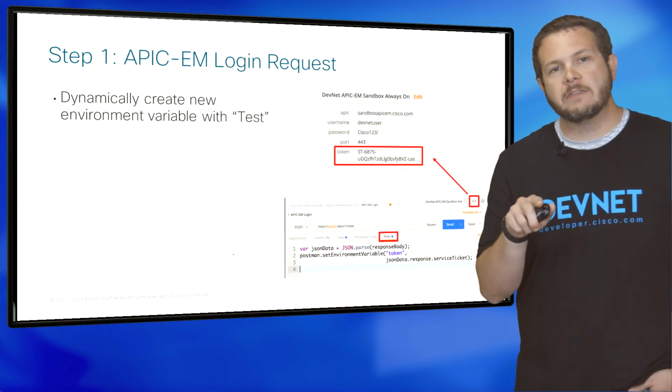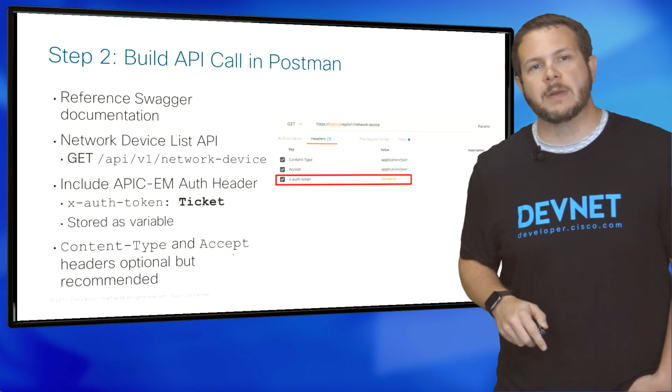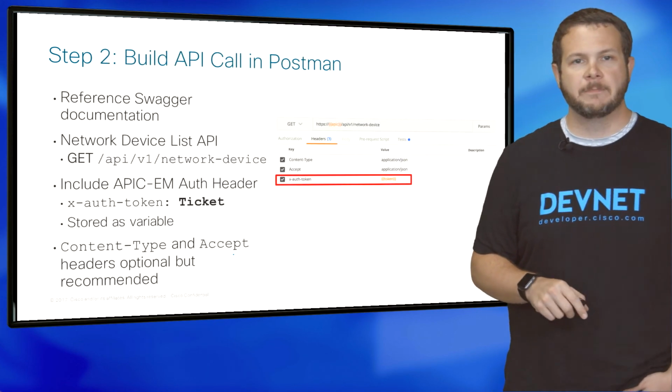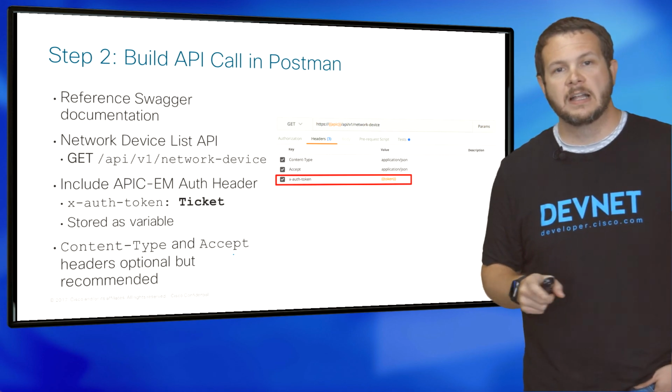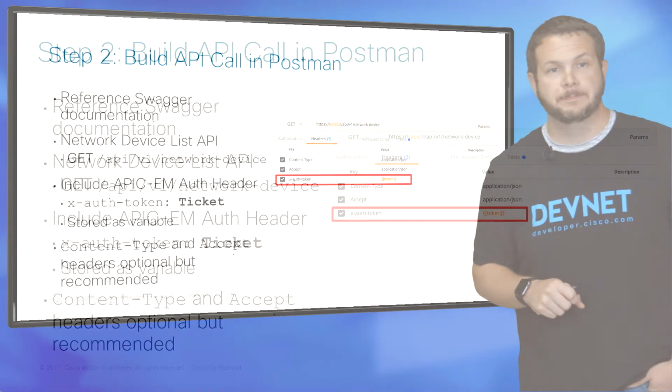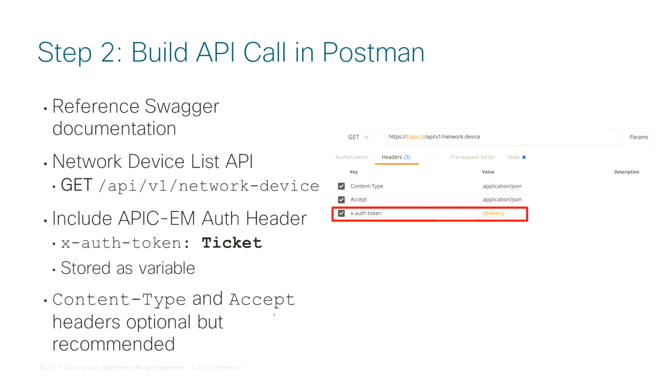With our token saved, now we can move ahead to actually retrieve information about the APIC-EM that's out there. Here we're building an API call to retrieve information about the network device. Let's see how these bits and pieces go together. Now, to retrieve information, obviously we want to process a GET request, and we can see that here inside of our Postman environment where we're sending our GET request.